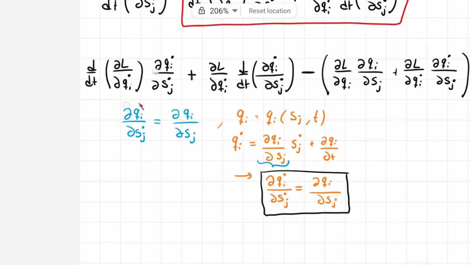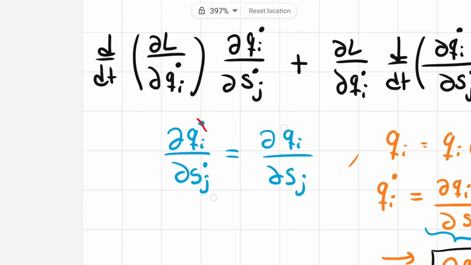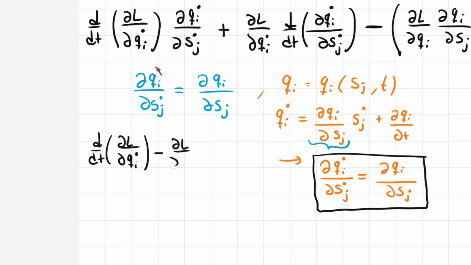But first, you should notice that we have this element here at the front that corresponds to the Lagrange equation first element, right? We know, again, that the Lagrange equation for the q's tells us that the derivative with respect to time of the derivative of the Lagrangian with respect to qi dot minus the derivative of the Lagrangian with respect to qi is equal to 0.